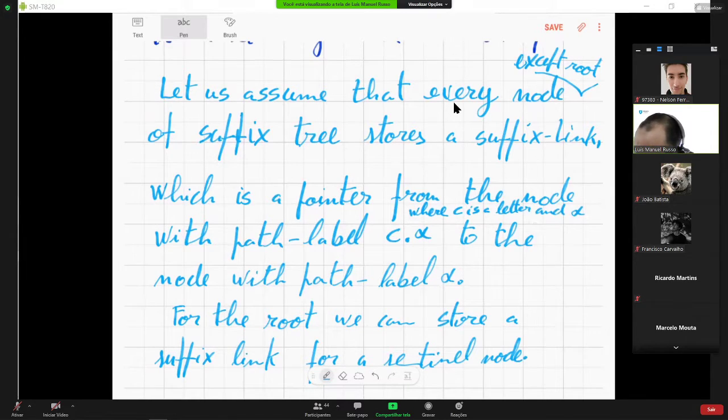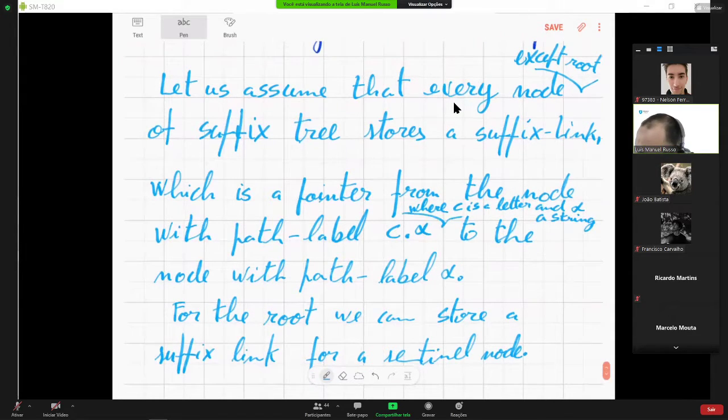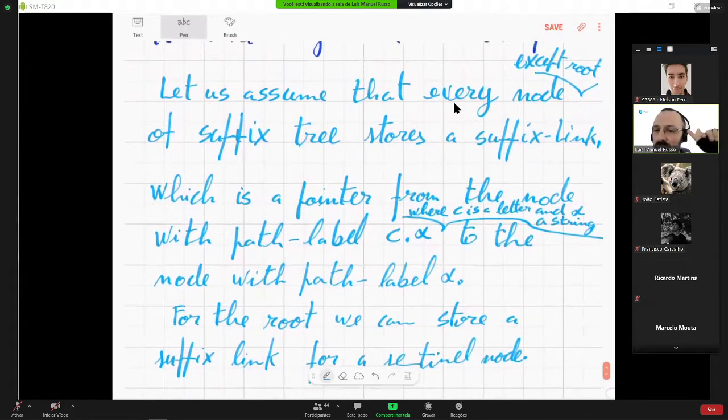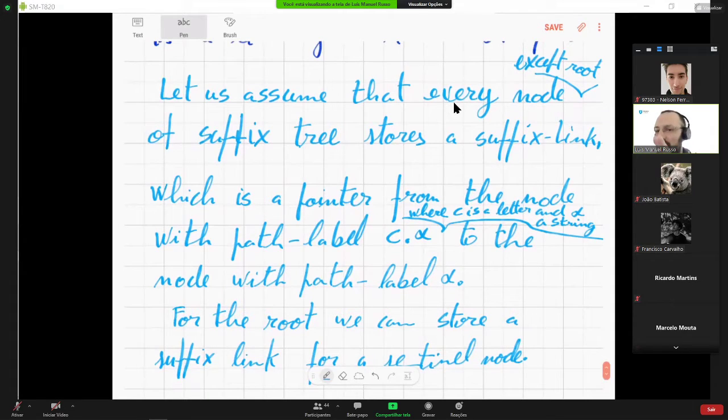Alpha is just a string, so alpha can have several letters. C is just one letter, so you need to have one letter, and alpha is a bunch of letters together.